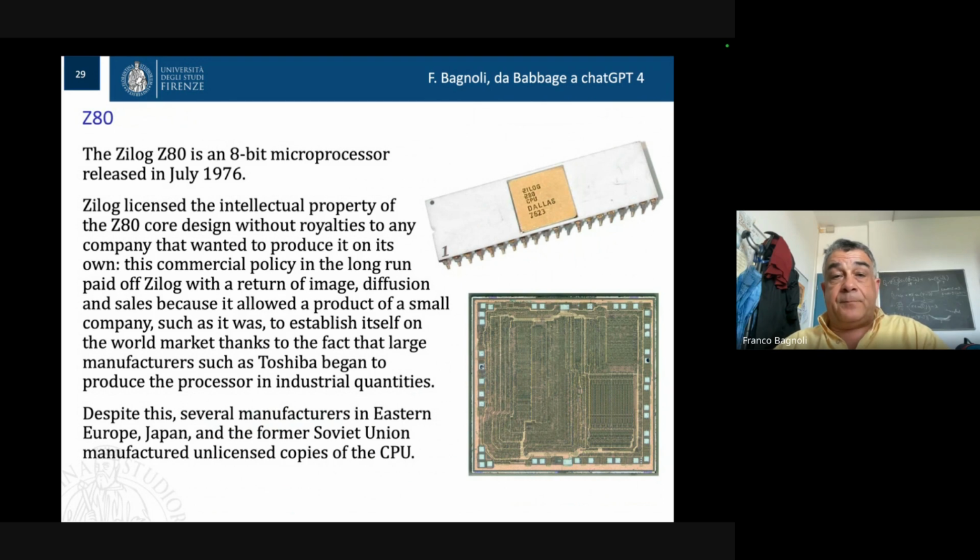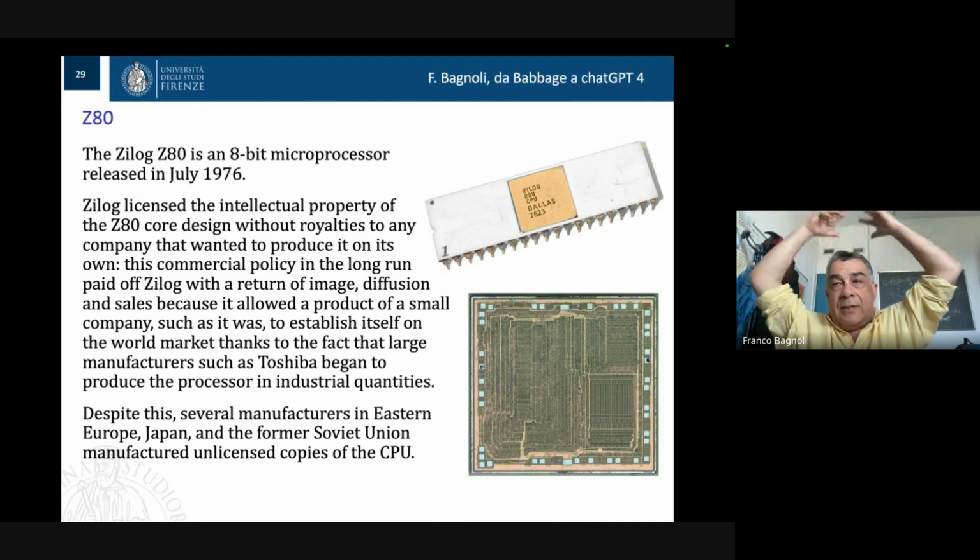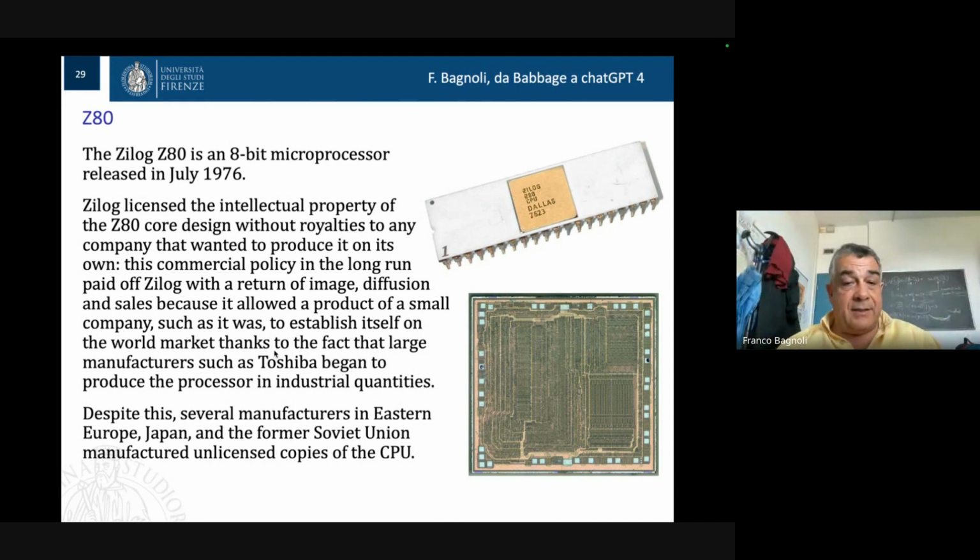And Zilog, he was telling us 2 days ago, started with 11 persons, and after a few years had about 10,000 employees in this enterprise. So essentially, it was a big revolution, and there were a few reasons for this.